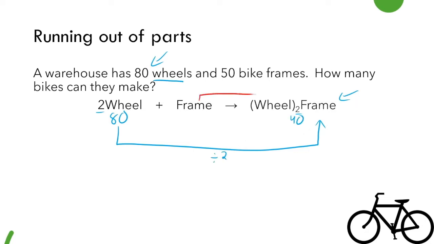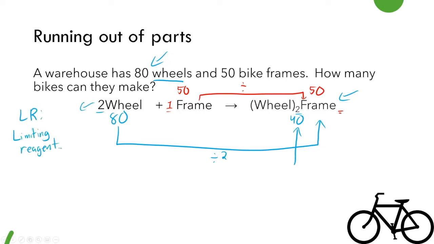If we did the same thing with the frames though, we start out with 50 frames and it only takes 1 frame per bike, then that means, based on only the frames, we would be able to make 50 bikes. Obviously, both of these can't be right at the same time. What's going to limit the reaction is the number of wheels. We call the thing that's limiting the reaction the limiting reagent.